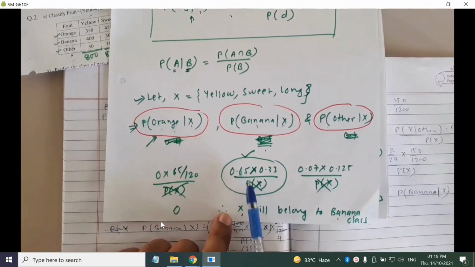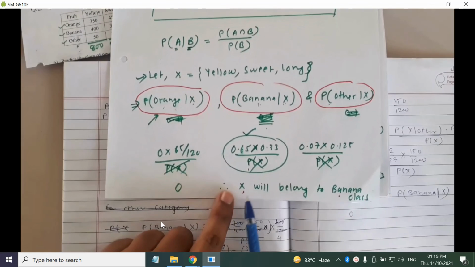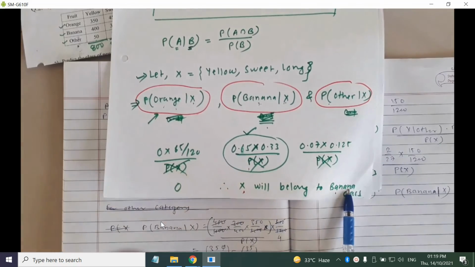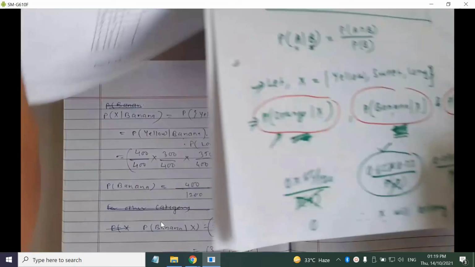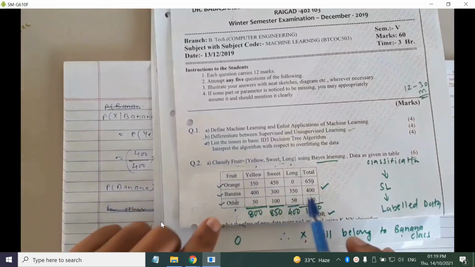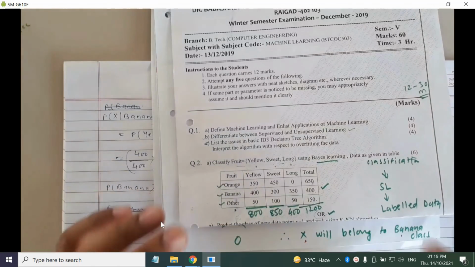Yes, it is going to be the highest value. So this given sample will be classified as banana. And we tried to infer that beforehand, right? From the numbers itself we guessed that the answer is going to be banana.